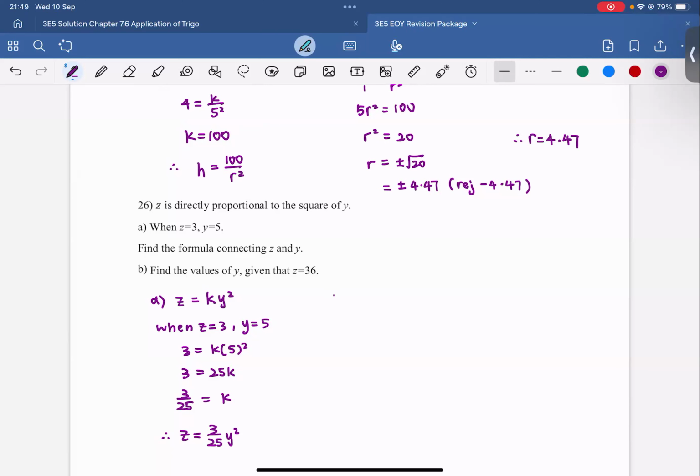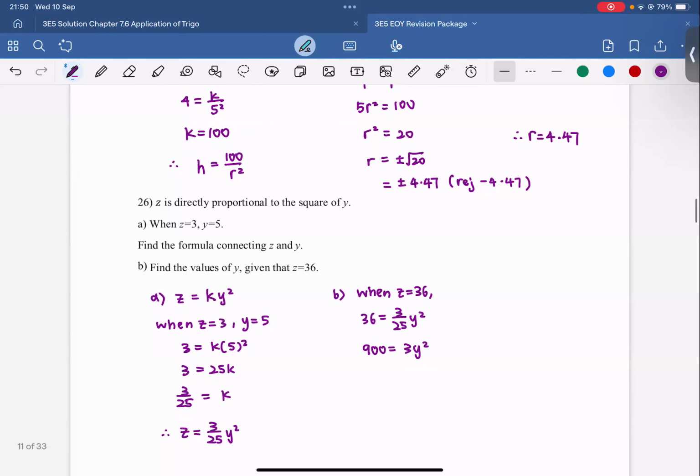Part B, find the value of y when z is 36. So when z is 36, 36 equals 3 over 25 y squared. So we times 25, we will get 900 equals 3y squared. Then divide by 3.